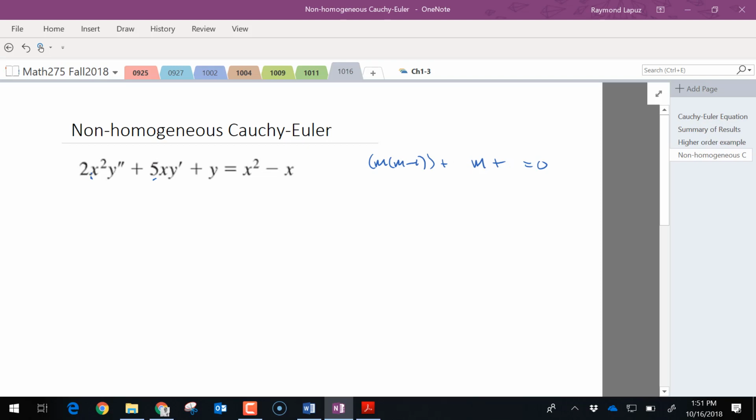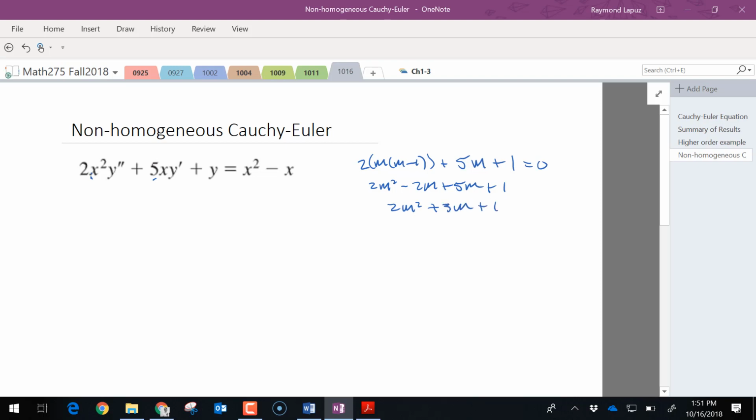So in this case, A is equal to 2, B is equal to 5, and C is equal to 1. So that's my characteristic equation. I go ahead and try to solve for this. 2m squared minus 2m plus 5m plus 1. So this is going to be 2m squared plus 3m plus 1.